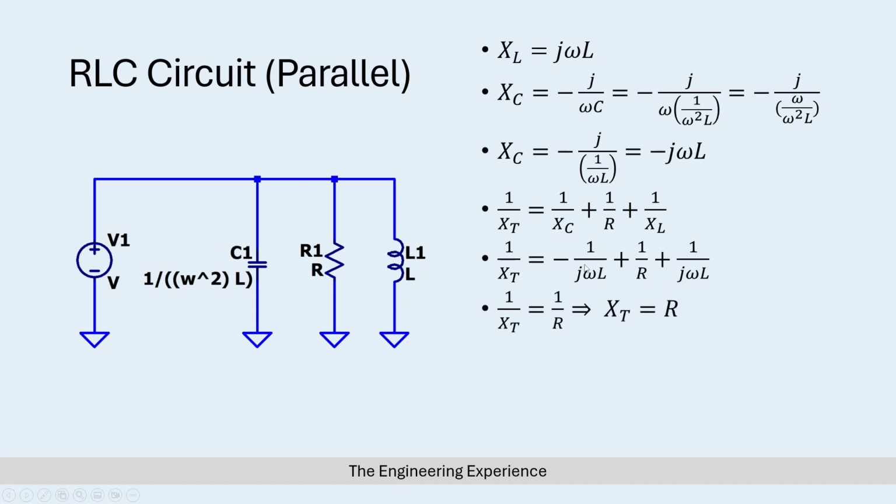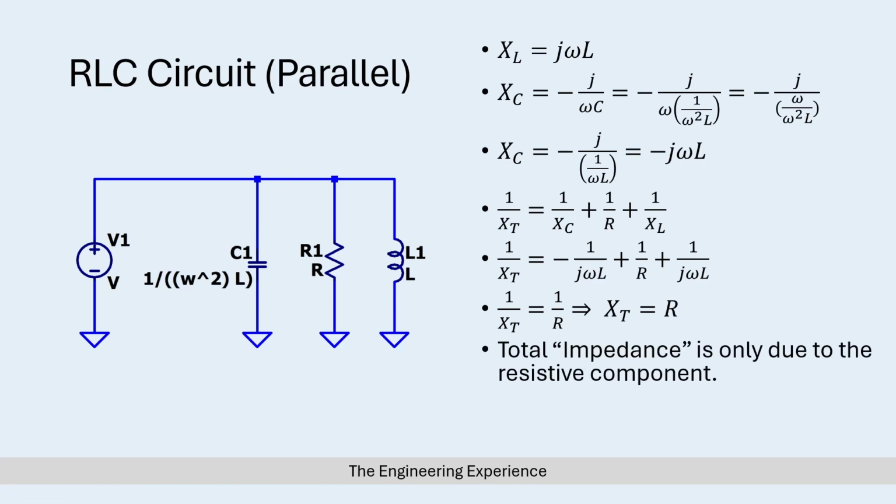Now simplifying this equation, we can get rid of this term and this term as they cancel each other out. We basically end up with 1 over xt is equal to 1 over R, and that basically means that xt, the total impedance of the circuit, is equal to R. Similar to part A, this is telling us that the total impedance of the circuit is only due to the resistive component.